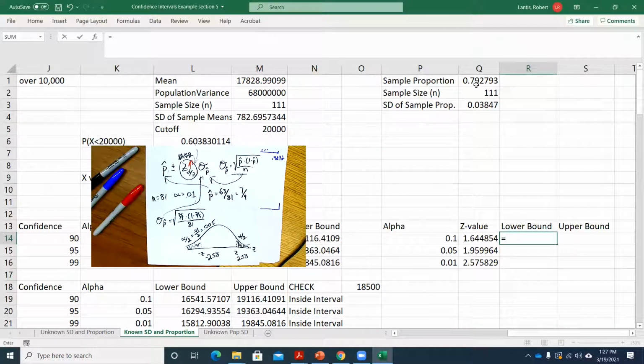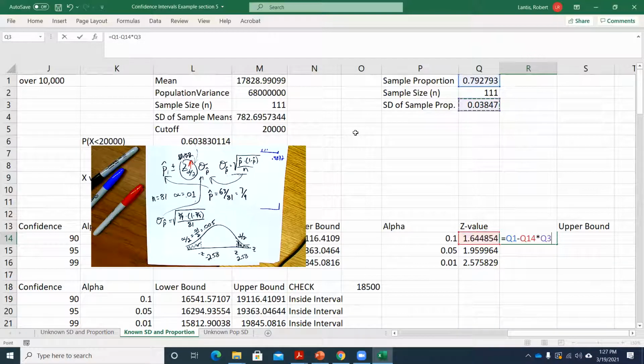So equal sign, here's my sample proportion, minus that z-value that gives me alpha over 2 in the tail, times the standard deviation of my sample proportions. That's all it is. And especially once I've calculated that intermediate step, it's a lot easier. I'll say this with the confidence intervals.